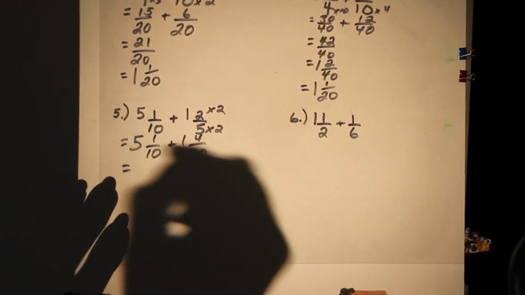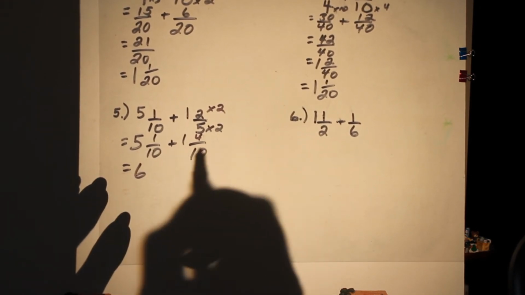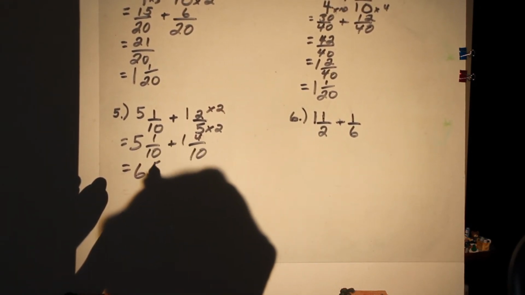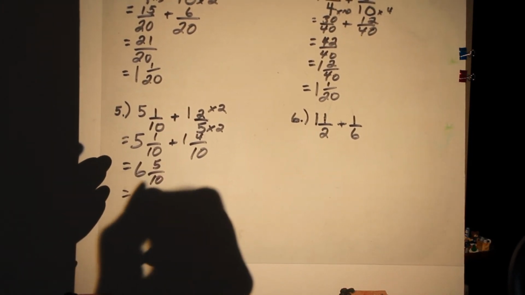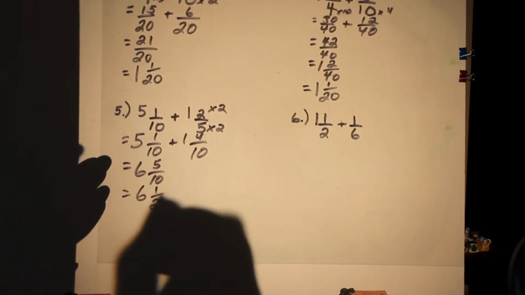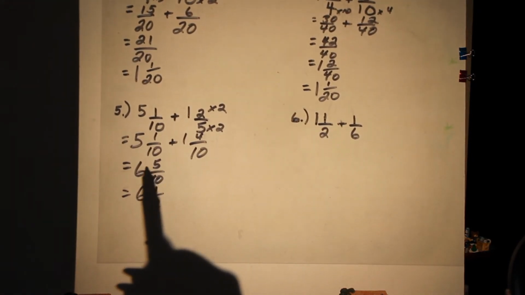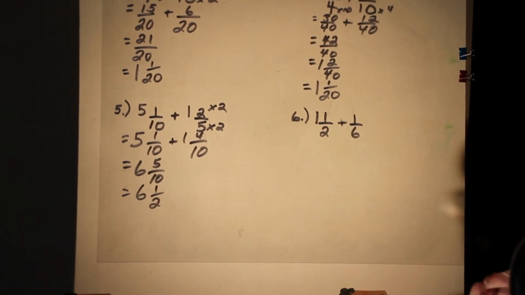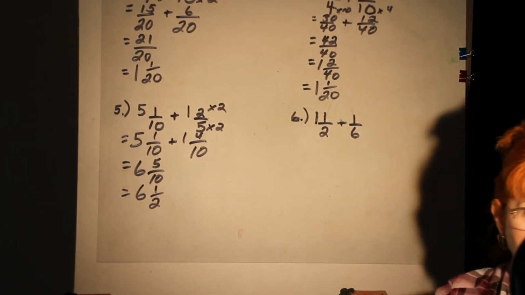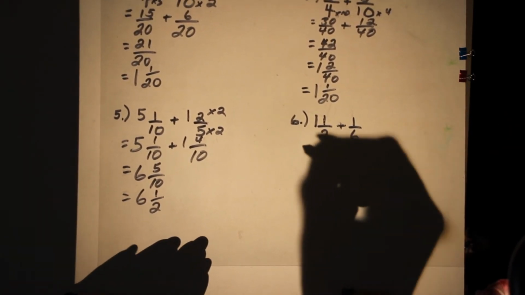And I end up with 6, and 4 and 1 is 5/10, and it can be reduced down to 6 1/2, because 5 will go into 5 once, 5 will go into 10 twice. This is what I mean about there being a lot of steps. It can get quite confusing.